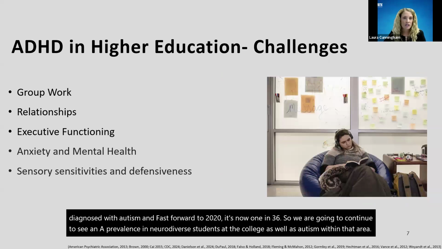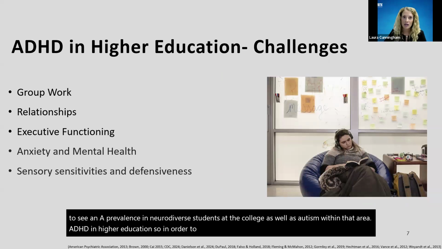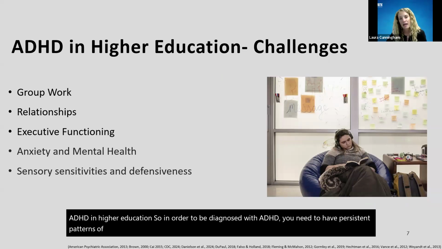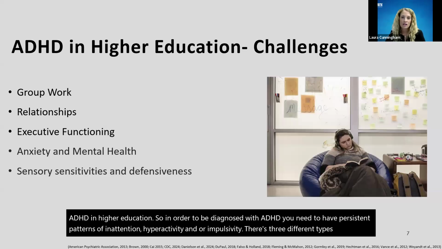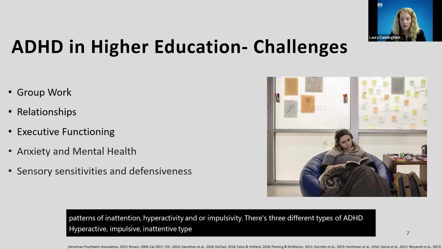ADHD in higher education. So in order to be diagnosed with ADHD, you need to have persistent patterns of inattention, hyperactivity, and or impulsivity. There's 3 different types of ADHD: hyperactive, impulsive, inattentive type, and a combined type. The ADD is no more. So what they did is they separated out ADHD into these 3 types.